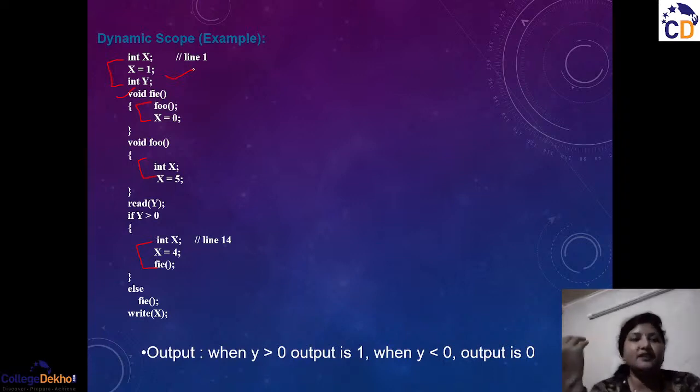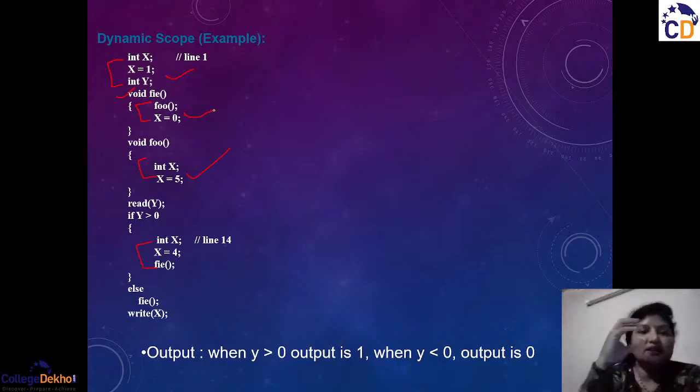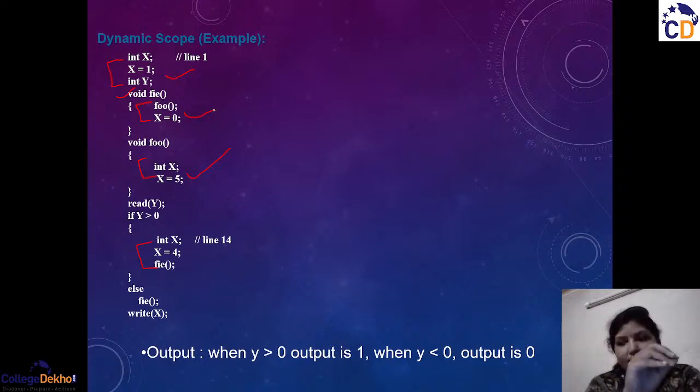You may access them within this function also. The variables which are defined inside the functions have scope that is local to that particular function only, like int x = 0 is local to that particular function only.